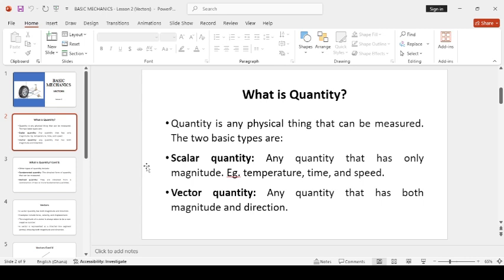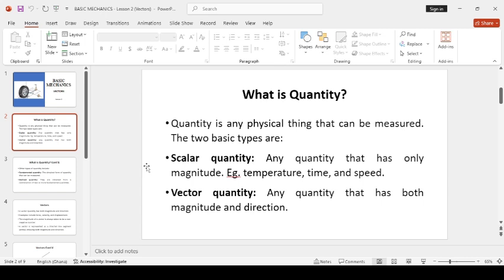When we talk about scalar quantity, we are referring to any quantity that has only magnitude. In other words, a scalar quantity has magnitude, but it has no direction. We can only measure the quantity, that is the magnitude.